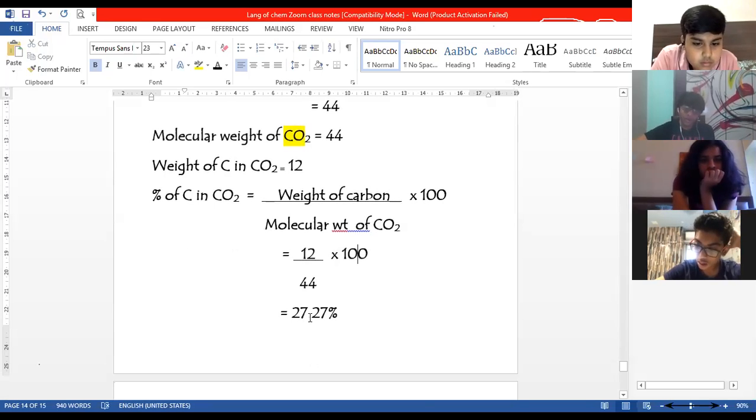The answer will be 27.27. The important point to note is that when you're finding the percentage, you have to write it in minimum 2 decimal places. You cannot just write 1 decimal place and skip that. So this is how we find the percentage of carbon, that is 27.27, right?